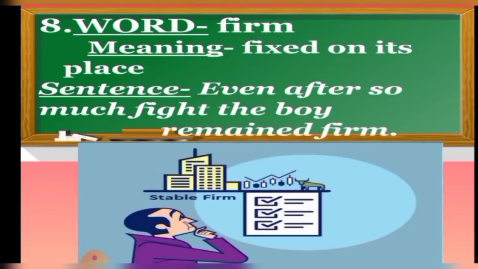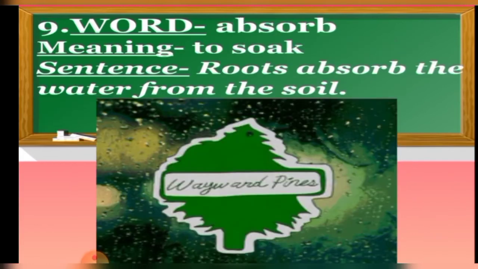Next word is firm. Fixed in its place is called firm. Even after so many fights, the boys remained firm. Next word is absorb. It means to soak. Roots absorb the water from the soil.